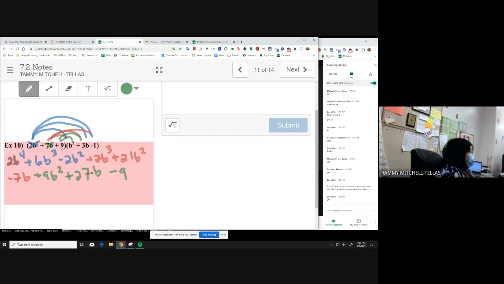That's 6. Isn't it 6? 2 times 3? The tricky thing is that you're multiplying the coefficients, but you're adding the exponents. That's the tricky thing.